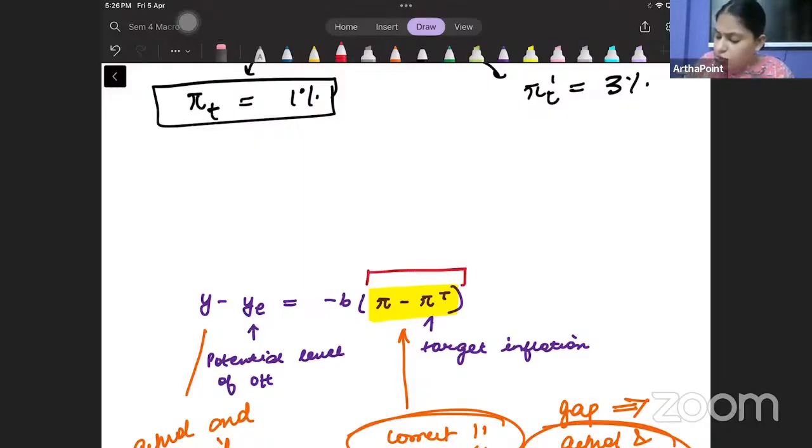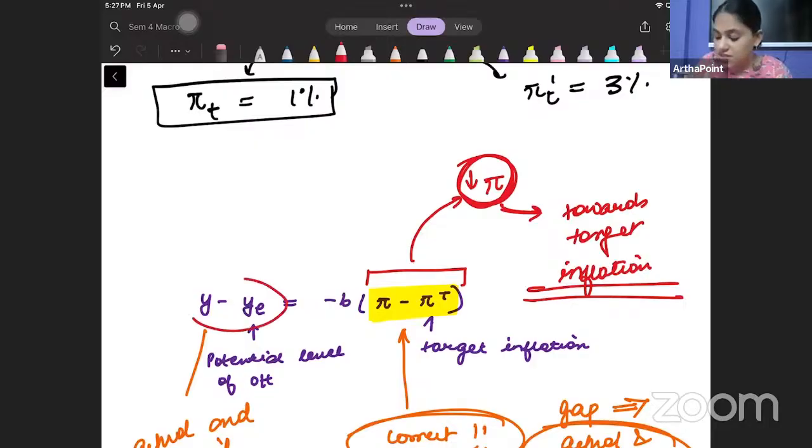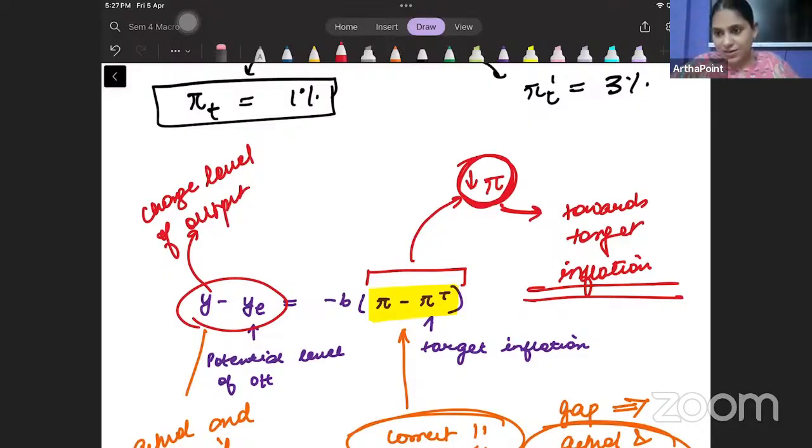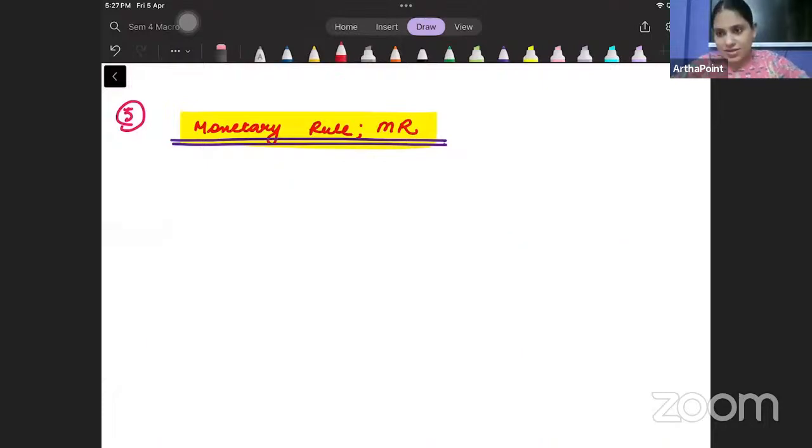Whenever you want to bring the inflation down, you want to achieve your target inflation, whenever you want to lower your inflation and go towards your target inflation, then you must change the level of the output. Correspondingly, whenever you take inflation to the target, you will also change your level of output. Now let us try to analyze this with the diagram from our last class.